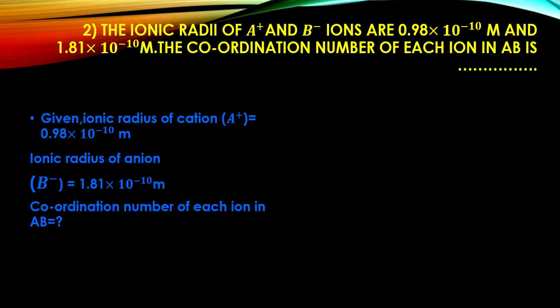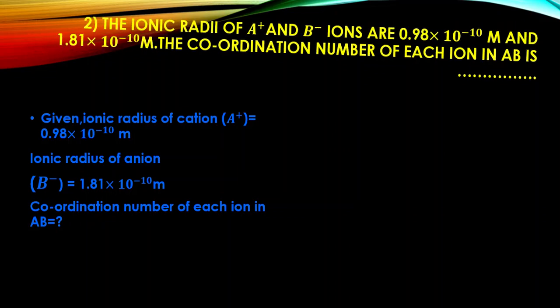So from the question, ionic radius of cation, that is A plus, is 0.98 into 10 to the power minus 10 meter, and ionic radius of anion B minus is equal to 1.81 into 10 to the minus 10 meter. So we can calculate the coordination number of each ion in AB.